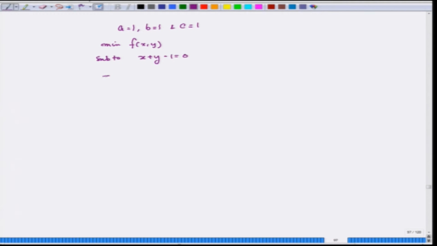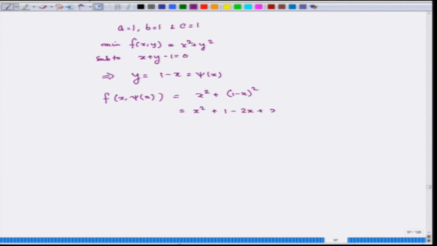From here it implies that y is equal to 1 minus x, where f(x, y) is x square plus y square. So this is my psi of x. So f(x, psi(x)) now becomes x square plus (1 minus x) whole square, which is x square plus 1 minus 2x plus x square, that is 2x square minus 2x plus 1.